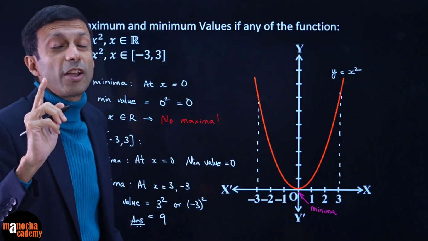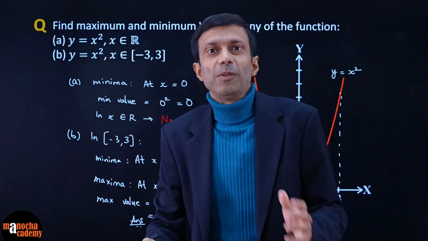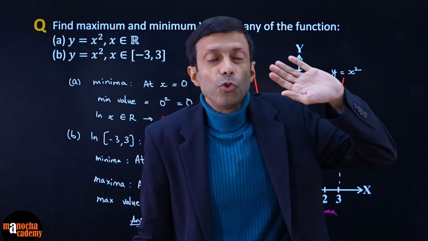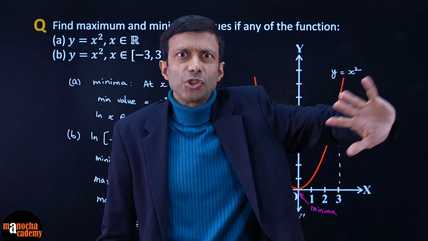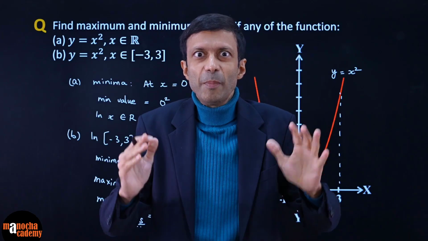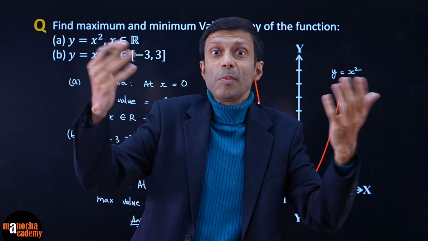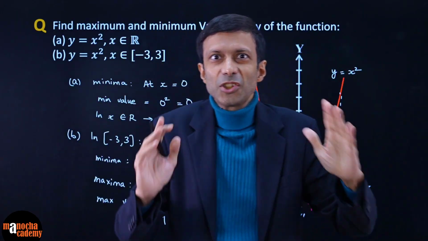So see, this is what I was telling, that important point: if you close your interval, it's almost like the teacher closes the door and says no more children entering. Can I find the maximum age of this classroom and the minimum age, or maximum height, minimum height? Yes, because the door is closed, the interval is closed.